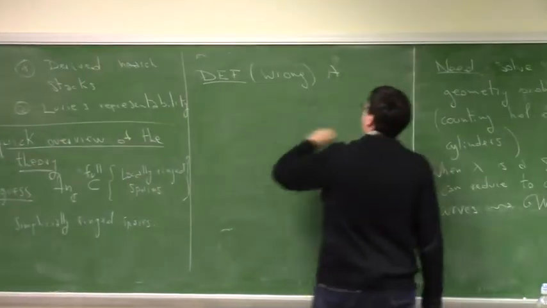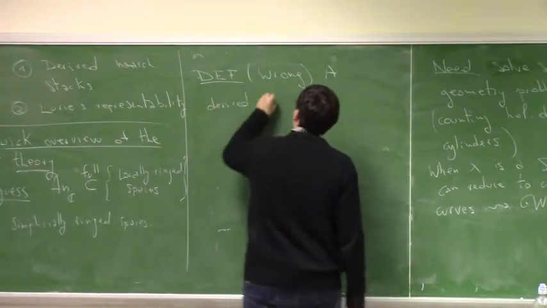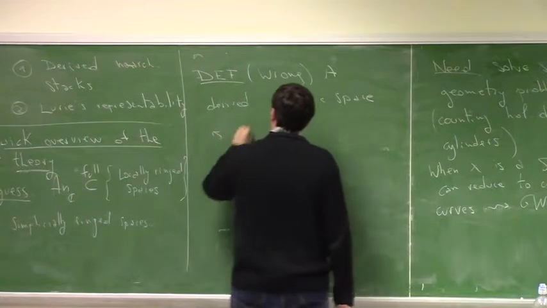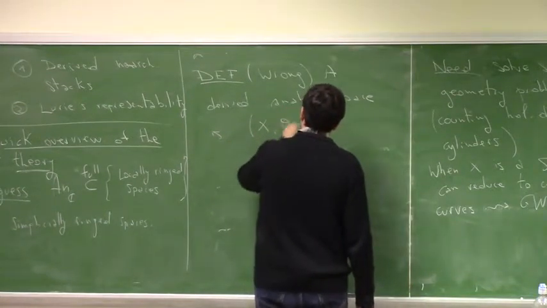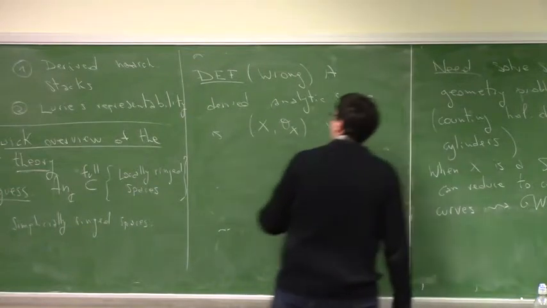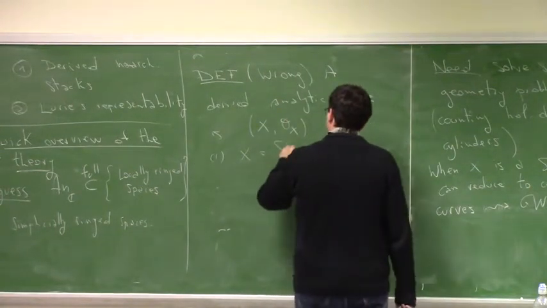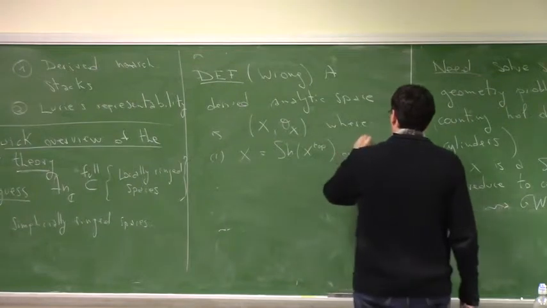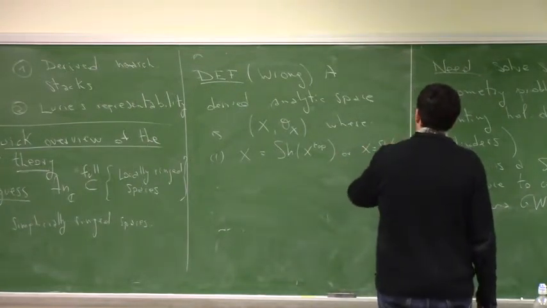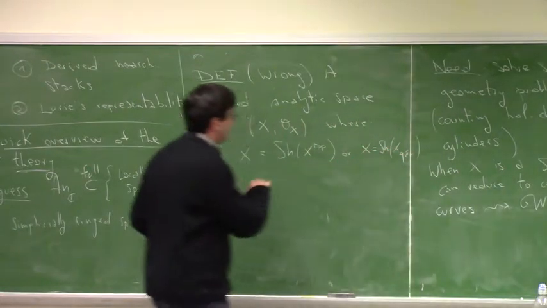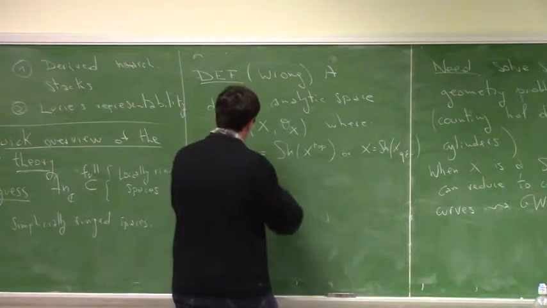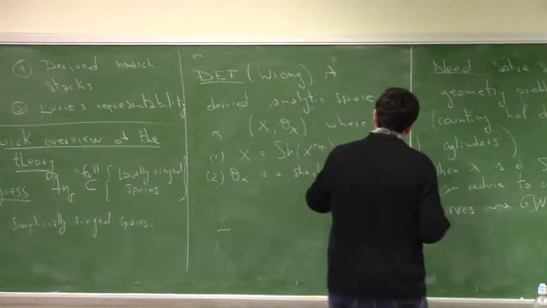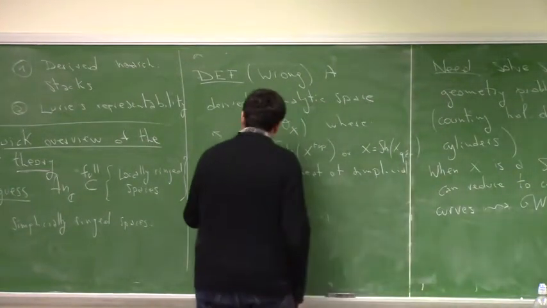So, a derived analytic space is a pair (X, OX), where X is a sheaf on some topological space, or sheaves on some quasi-étale topos in the sense of Berkovich, and OX is a simplicial sheaf of simplicial rings.